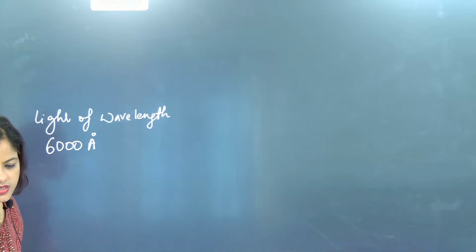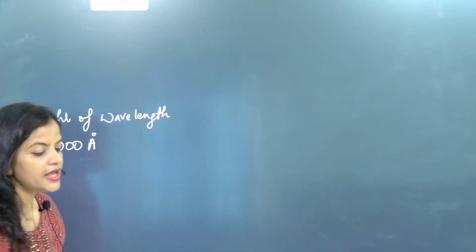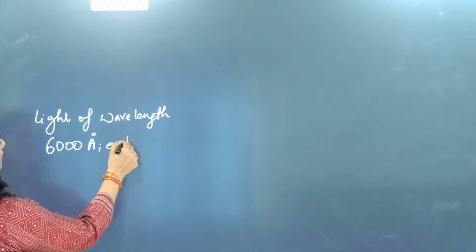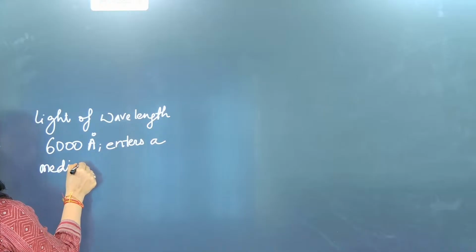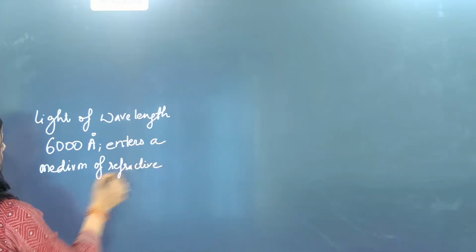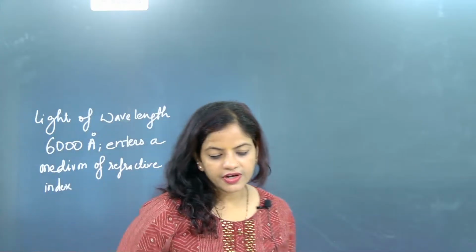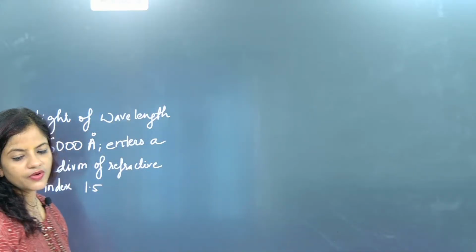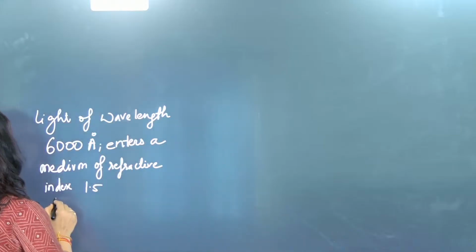Light of 6000 angstrom in air enters a medium of refractive index 1.5. Okay, this itself will tell us. Refractive index 1.5 means what material? Right now only, what will be the frequency in the medium?